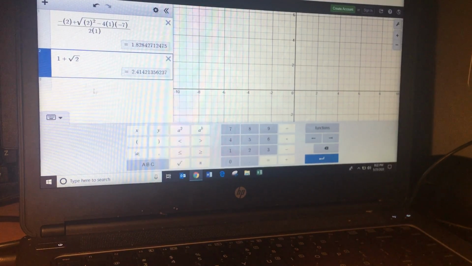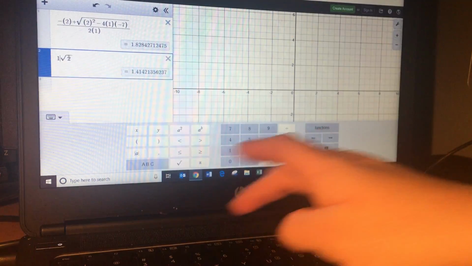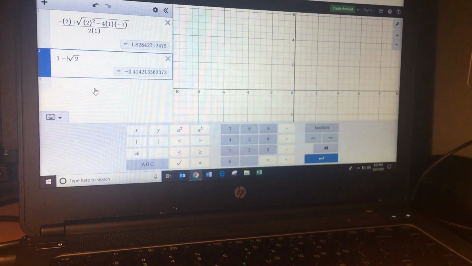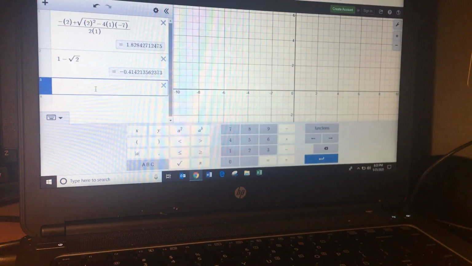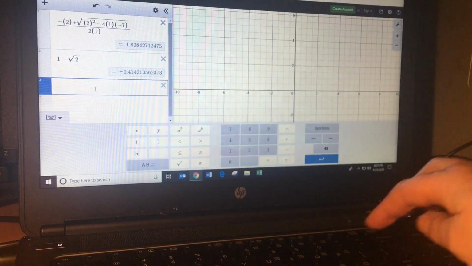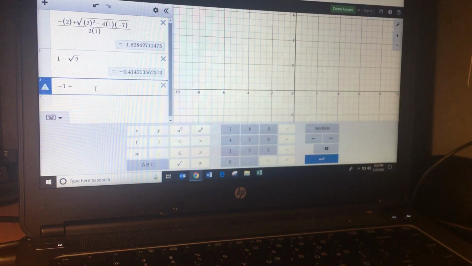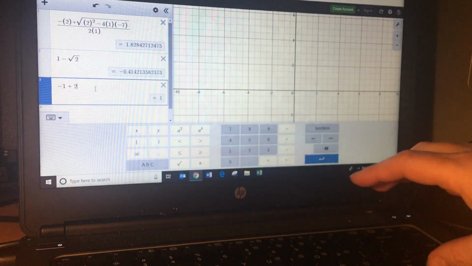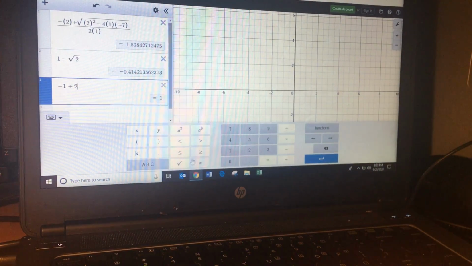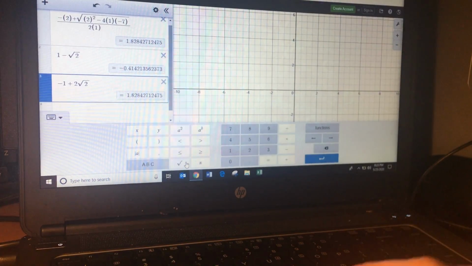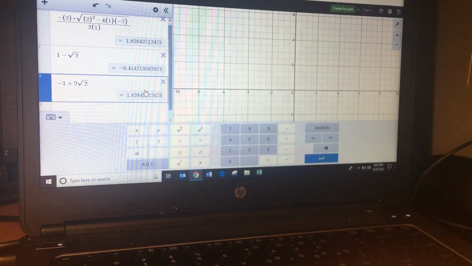Okay, that does not match. Let's try minus also. That does not match either. Okay, that we know it's not the answer. All right, let's go with the second choice, which was C. -1 plus, and don't forget to try them both. Look at that. It matched. So C is our answer.